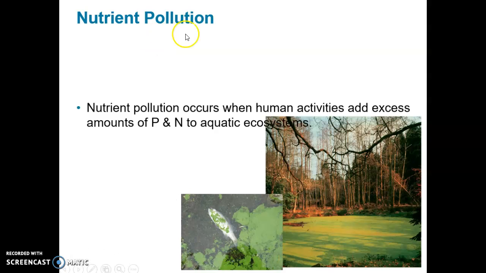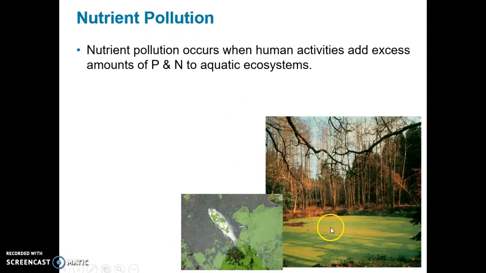In terms of nitrogen pollution in the terrestrial and aquatic realm, nitrogen pollution occurs when human activities add excess amounts of phosphorus and nitrogen to aquatic ecosystems. It's usually through agricultural runoff.